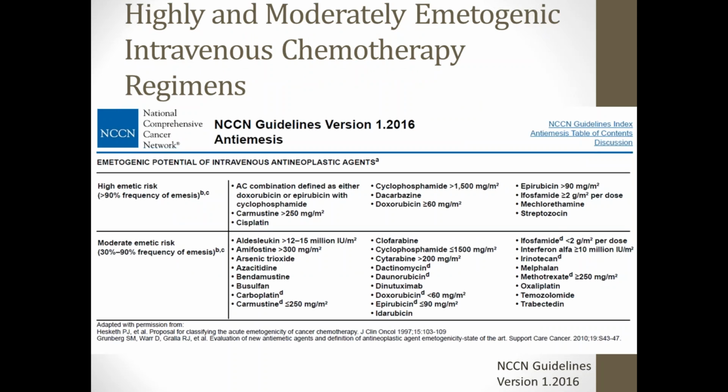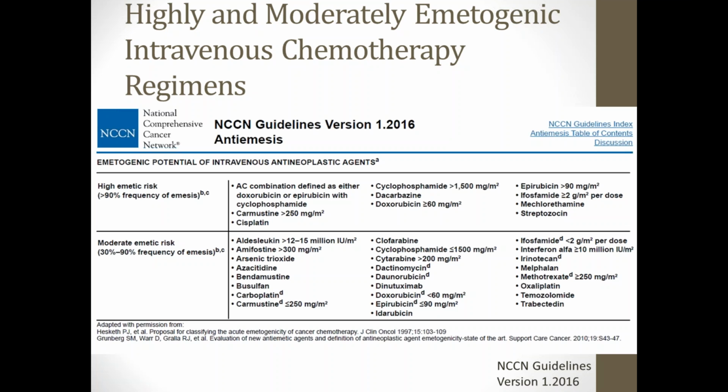The common ones from the highly emetogenic category include cyclophosphamide or Cytoxan if it's above 1,500 milligram per meter squared, ifosfamide, high-dose doxorubicin, any dose of cisplatin, and it specifically lists a very common chemotherapy regimen, AC, which is used for breast cancer. That is the combination of cyclophosphamide and doxorubicin. So those would be your highly emetogenic group of drugs.